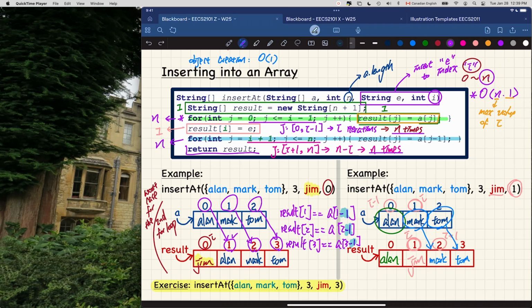Let me say constant here, and then we're going to add up everything together. So it's going to be big O of 1 and 1 and 1, 1 and 1 and 1. You can see the highest term will just be n. Drop all the lower terms and multiplicative constants, and it will just be big O of n.